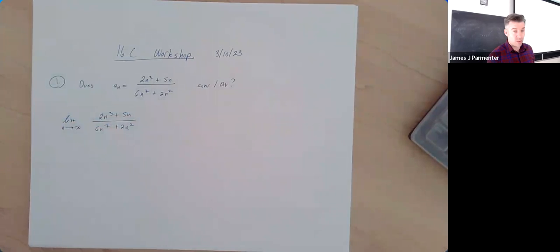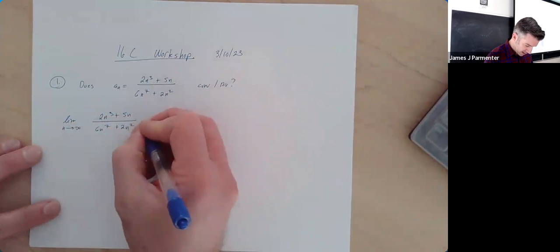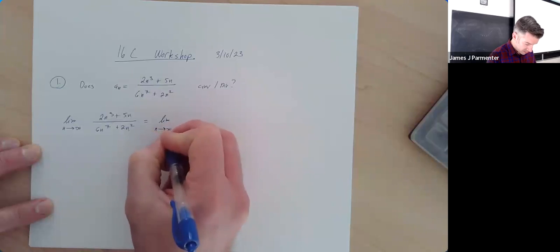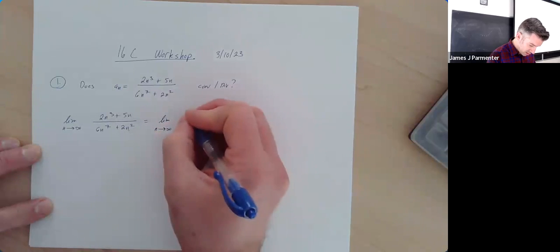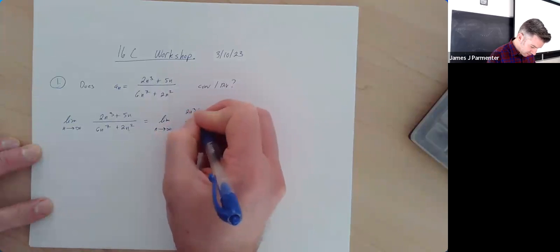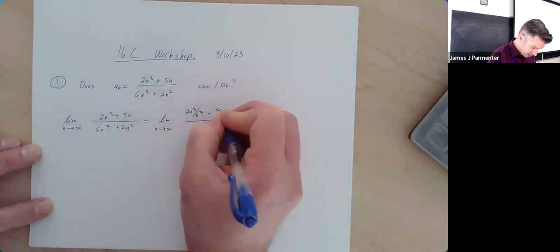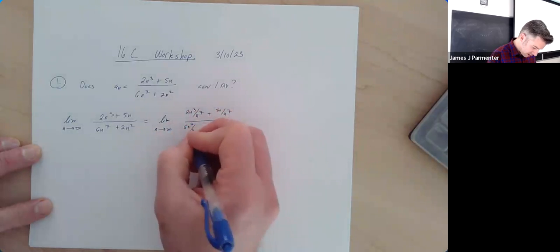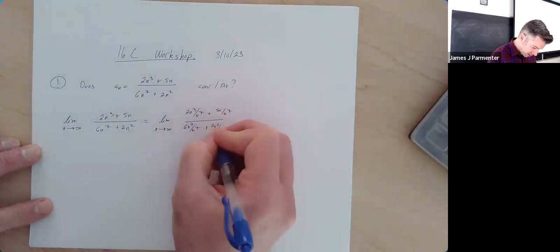But the longer way of answering a question like this is to divide everything by the highest power of n in the denominator. So if we divide everything by n to the 7th, we get 2n cubed over n to the 7th plus 5n over n to the 7th over 6n to the 7th over n to the 7th plus 2n squared over n to the 7th.